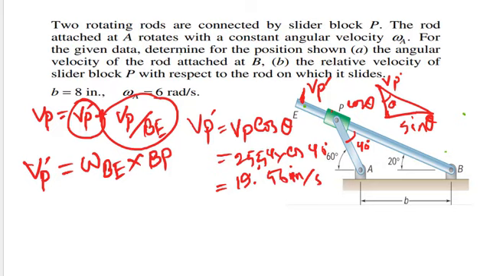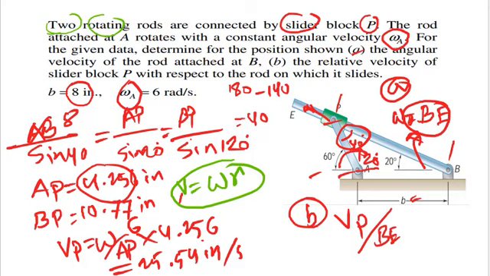inch per second. Now we know the V prime. Then easily we'll get the omega_BE, right? Omega_BE equal to what? It is V prime divided by BP. BP we know. So this is 19.56 divided by BP.